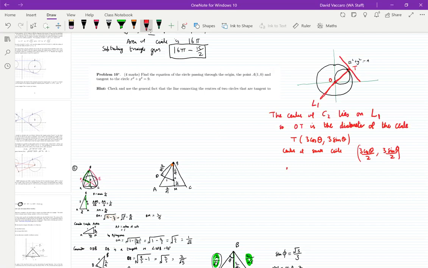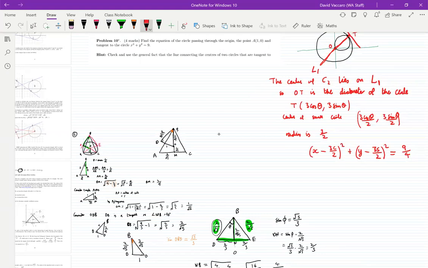And the radius is 3 over 2. Okay, so what I can do now is write down the equation of the circle. So it's (x minus 3c over 2) squared, where I'll just write c for cos theta, plus (y minus 3s over 2) squared, with s for sine theta, and that is equal to the radius squared, which is 9/4.